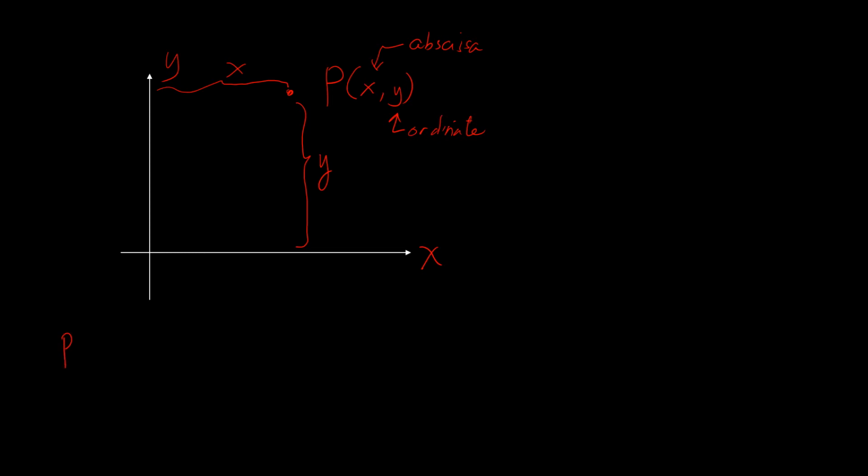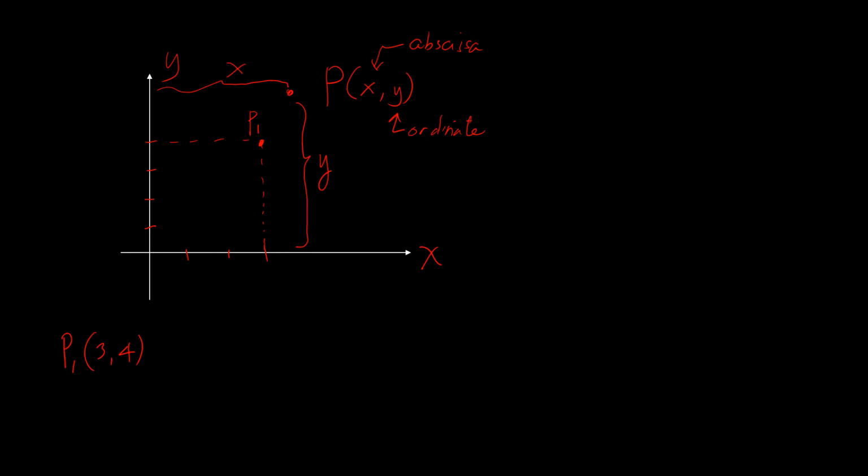Supposing that we have point P sub 1 with coordinates 3, 4. So that means that the location of P1 is 3 units from the y-axis and 4 units from the x-axis. That determines the location of P sub 1.